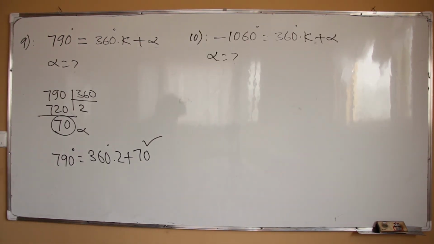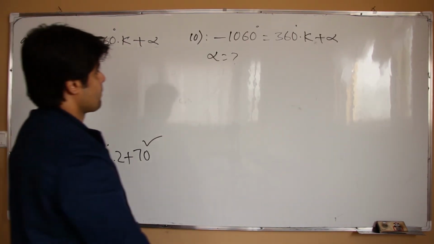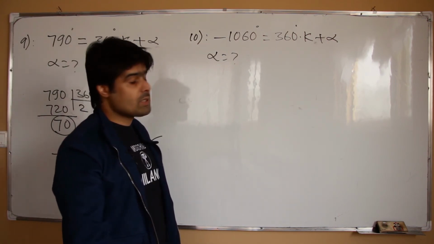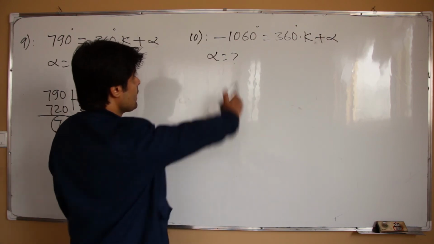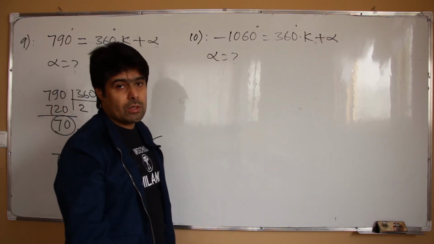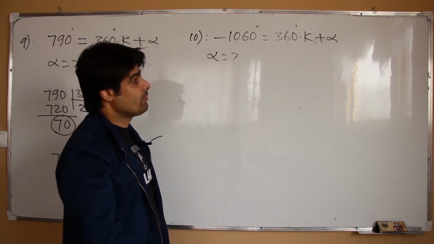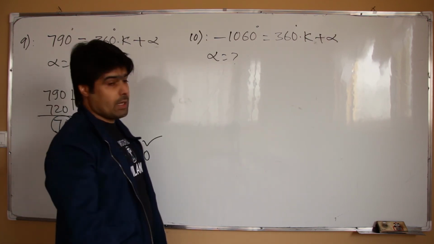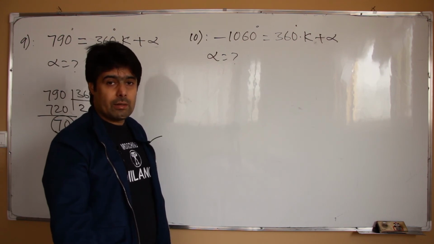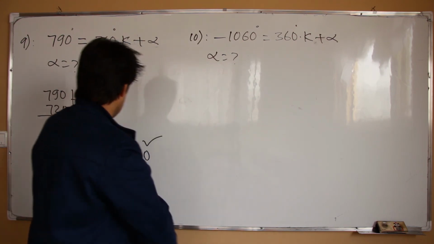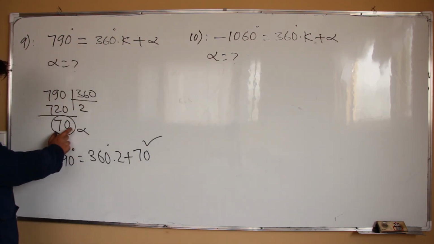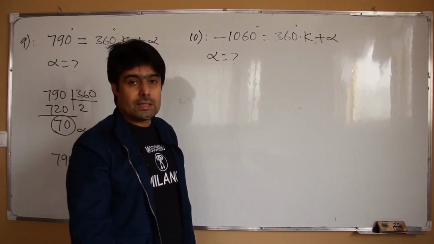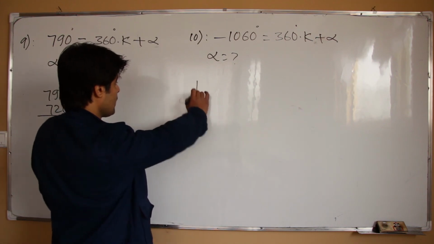Question number 10. Minus 1060 degrees is equal to 360 degrees times k plus alpha. If your angle is negative, how can you find the reference angle for that one? By the way, if your angle is negative, suppose that one is a positive degree, then when you find the remainder, it should be subtracted from 360. What do I mean?